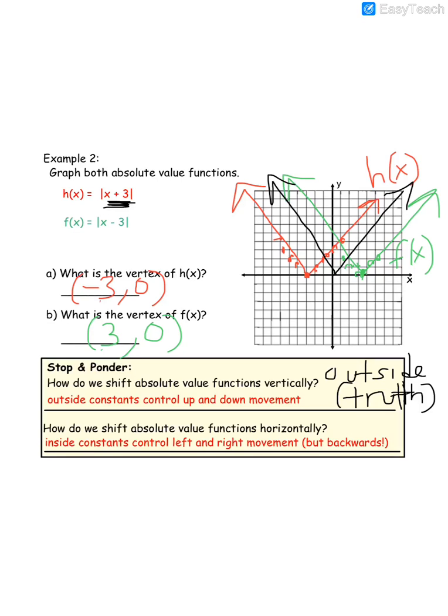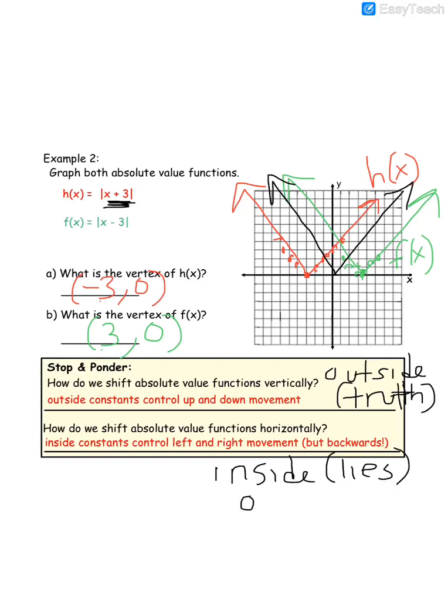Well, how do we shift absolute value functions horizontally? So the inside lies. The inside tells me, so if I look here, if it said +3, look at my red function, it went left 3.